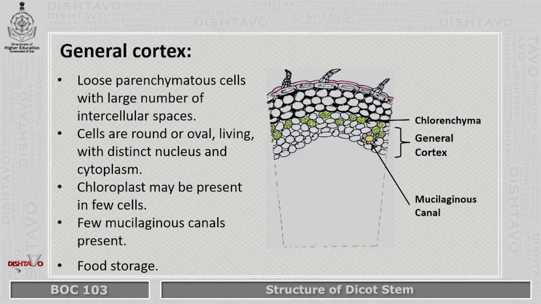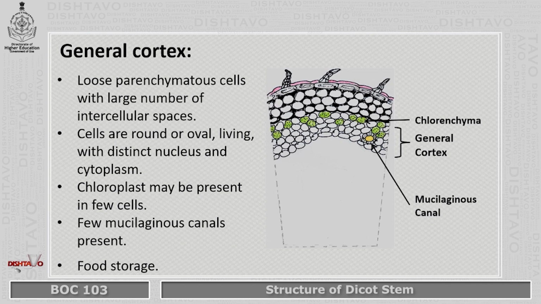When we look at the next layer, that is general cortex, this consists of loosely arranged parenchymatous cells. It shows a large number of intercellular spaces. Cells are round or oval, living, with distinct nucleus and cytoplasm.